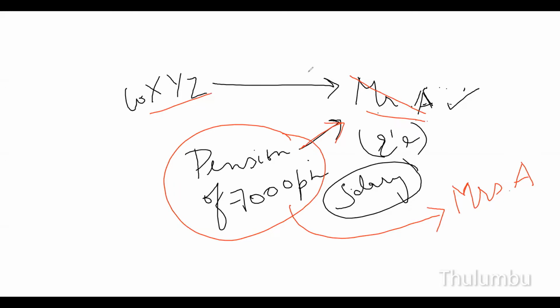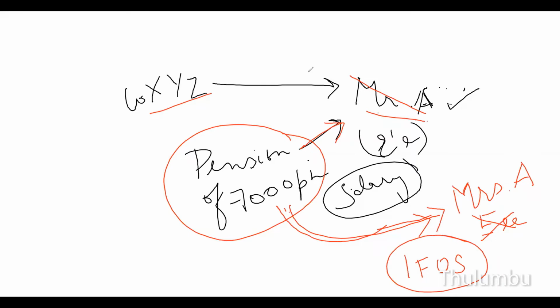Whereas Mrs. A is not the employee, so the pension amount received will be taxed as income from other sources. Family pension means that if the person who was actually receiving the pension dies and the spouse receives it, it is called family pension. For that we have some deductions also.